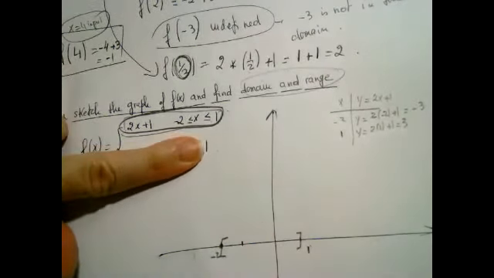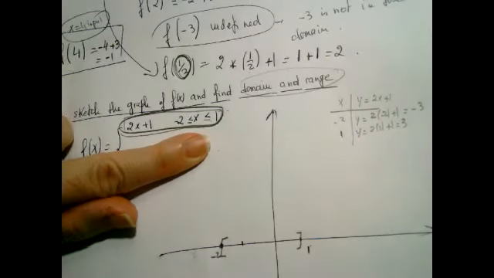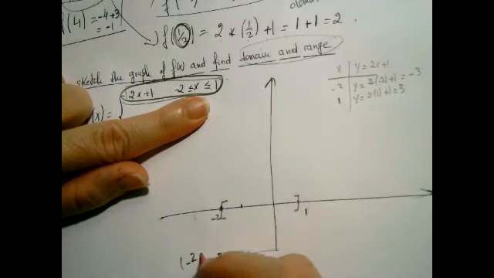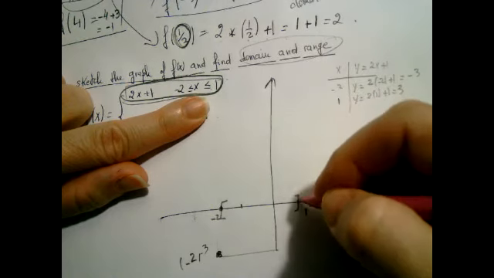Totally, I'm hiding the second piece. We're not allowed to see it yet. At -2, we are at -3. If you guys don't see, you have to let me know. That's -2, -3. At 1, my function takes the value 3.